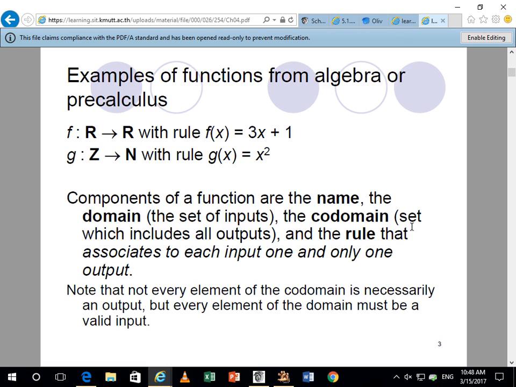So here we have the notations. F, and then G, two functions, we're mapping. I'll use the term map from one domain to another domain. So we start out with something in R, which is the real numbers.